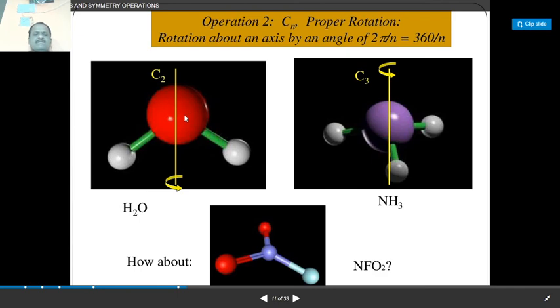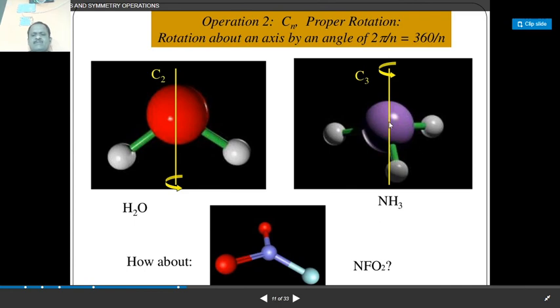Oxygen is present centrally, and these are two hydrogen atoms. When you pass a line through this oxygen atom and in between the two hydrogen atoms, this is called a C2 axis. Why? Because we need to rotate this molecule 2 times to get the identical configuration. So the water molecule has a C2 axis of symmetry.